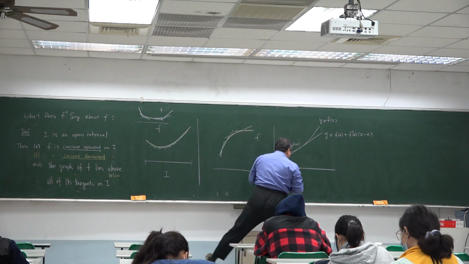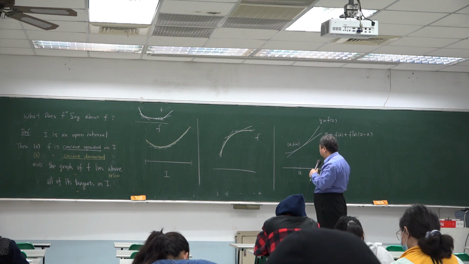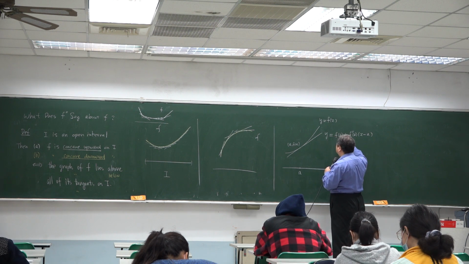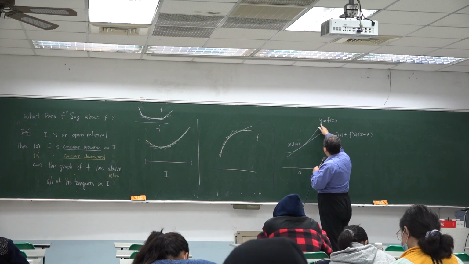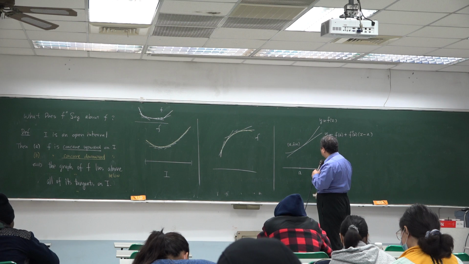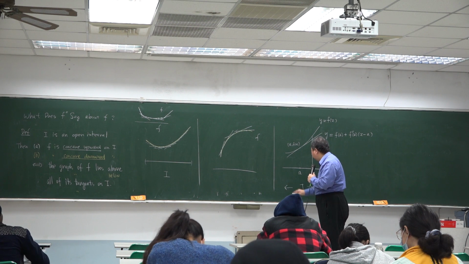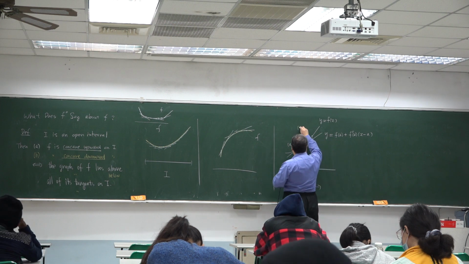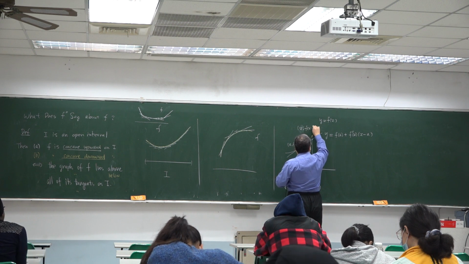Well, if the graph of the function f lies above all of its tangents, now consider any tangent at a, f of a. This is the equation of this tangent line to this curve. The equation of this curve is y equals f of x. Above means for any x in this interval I, the y coordinates, sorry, I mean y is this one, y coordinates.